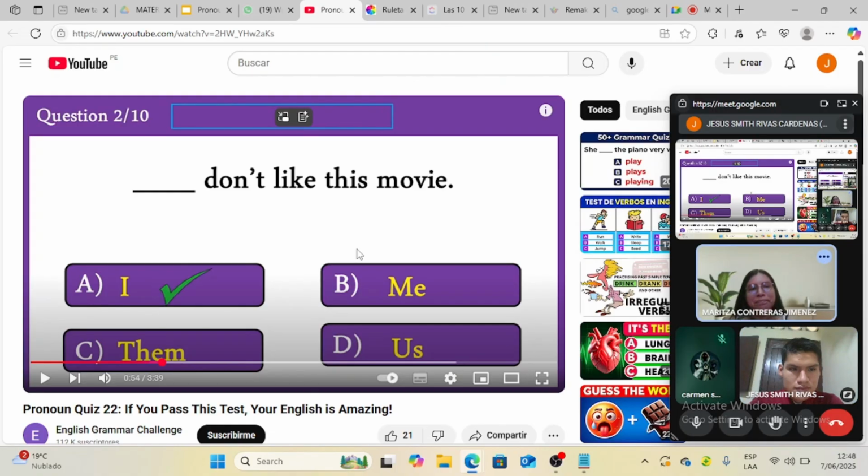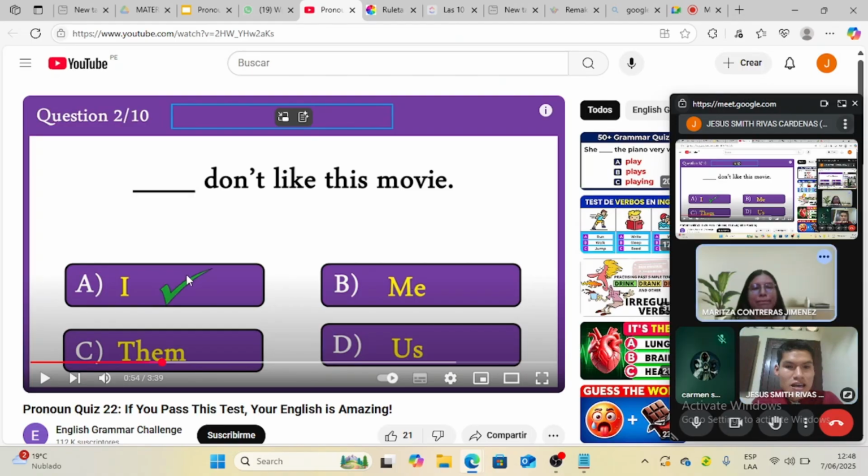Yes, it doesn't make sense because it is an object pronoun, and as I have told you, object pronouns are placed usually at the end of the sentence. So here I'm starting the sentence. It is the beginning of the sentence, so I don't have to use me. I have to use I. Right.